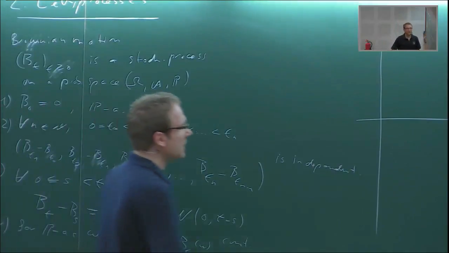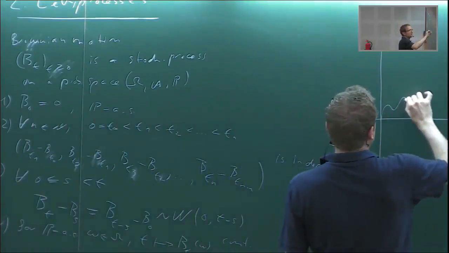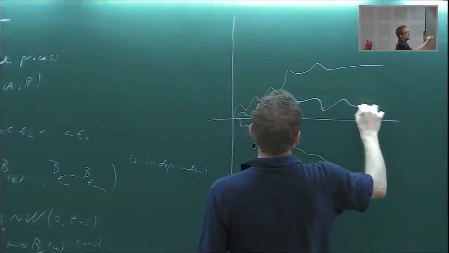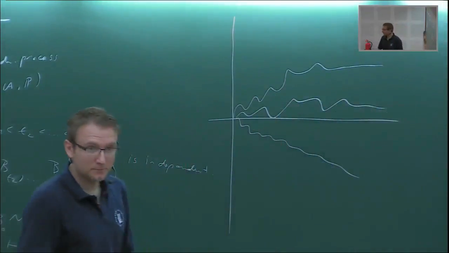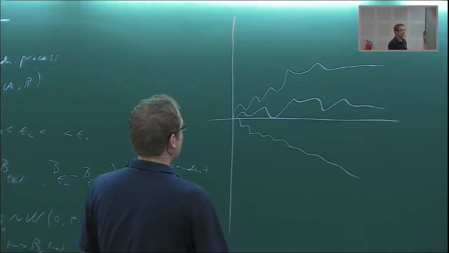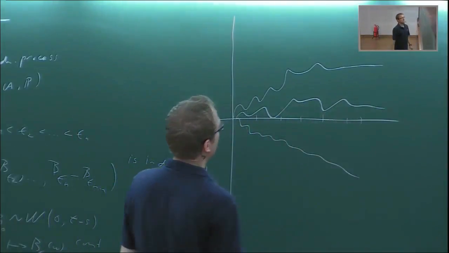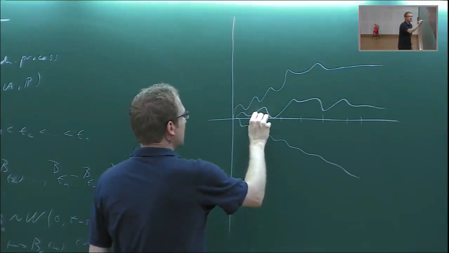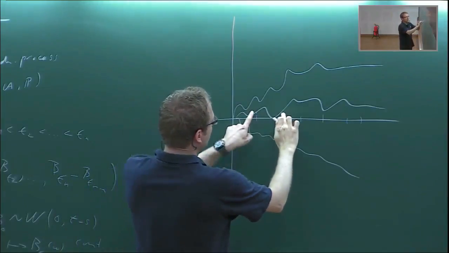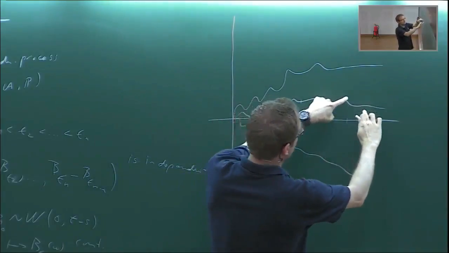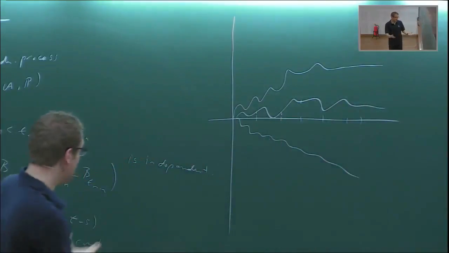So what do we have? We start in 0, and then we have certain families of continuous functions, which do things. They are random, in the sense that, as I've told you, if we have a partition, then the increments are independent.